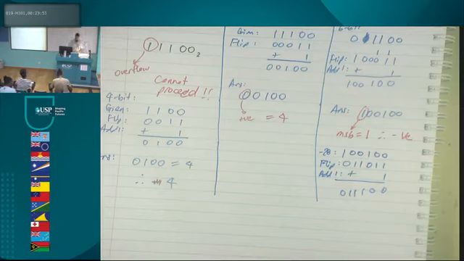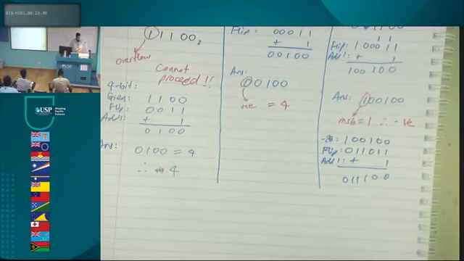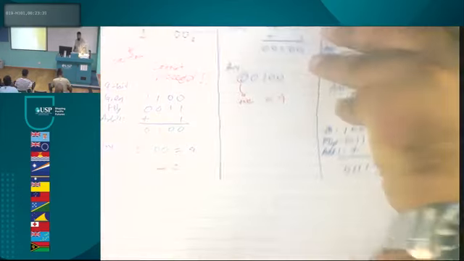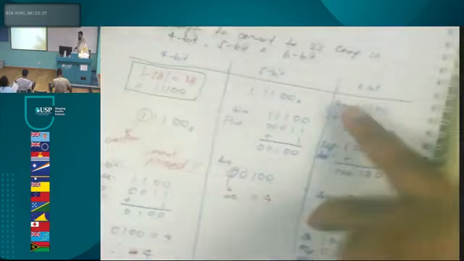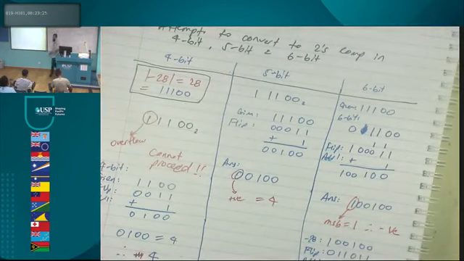Let us now look at some math operations. So we moved on to another topic now. So for 2's complement, we've looked at going from decimal to binary.